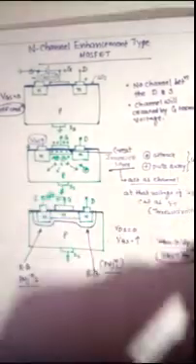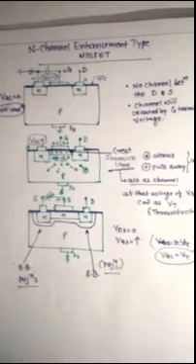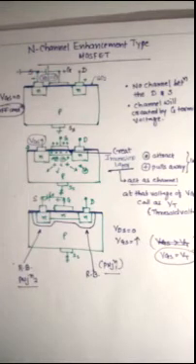Dear friends, in this video we discuss the enhancement mode type of the MOSFET. In our previous video we discussed the depletion mode type. Now what is the difference between these two types of MOSFET?